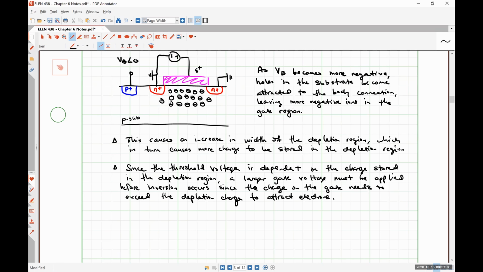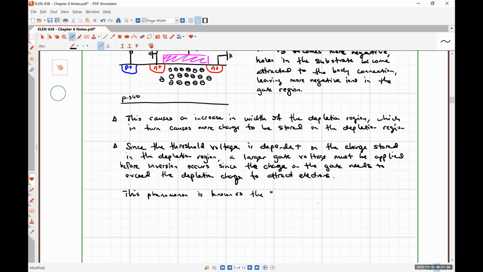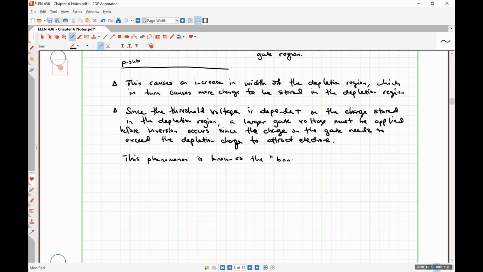Alrighty. This phenomenon is known as the body effect or backgate effect.